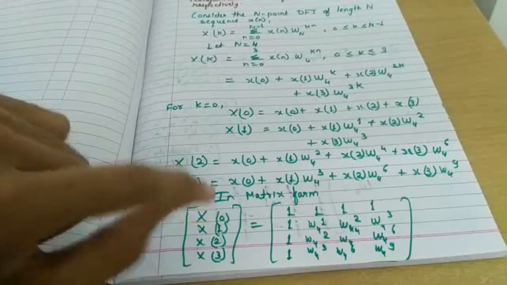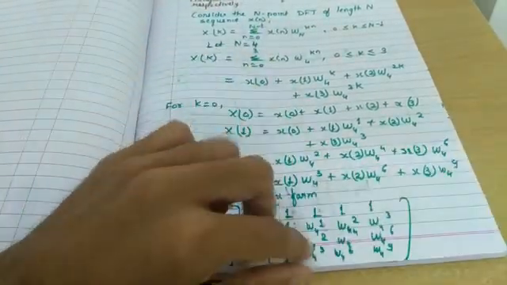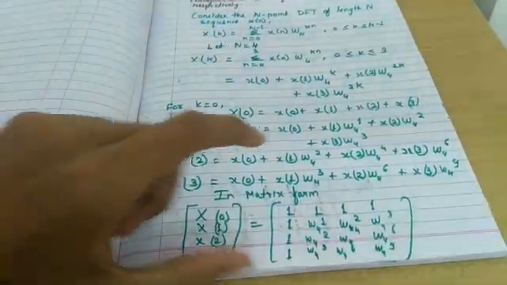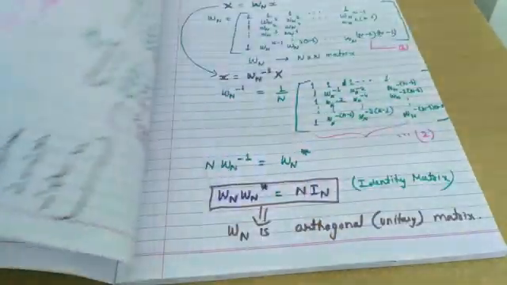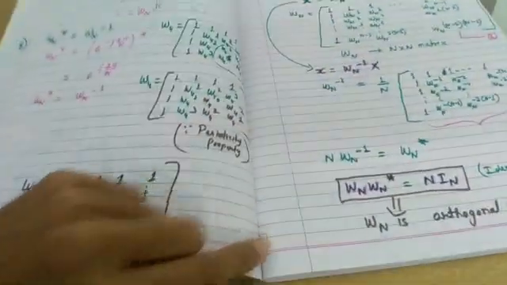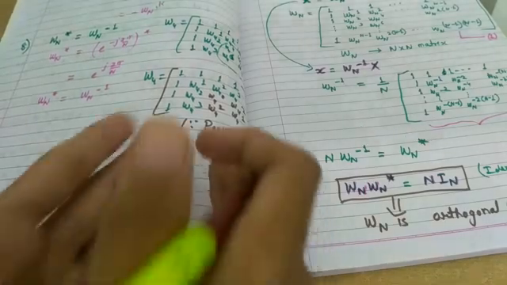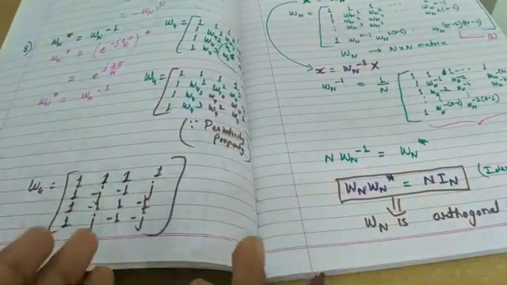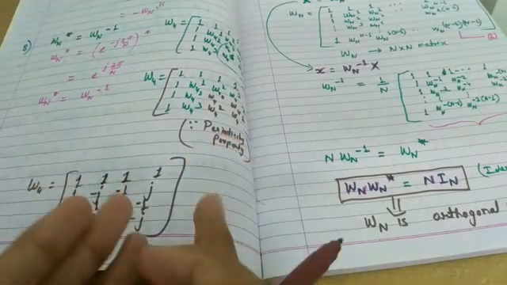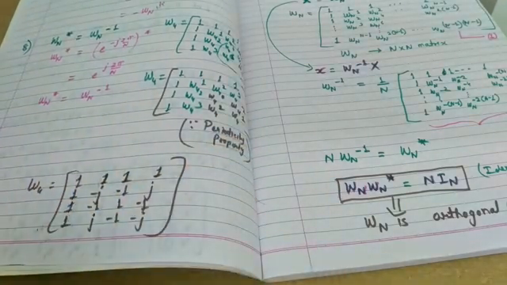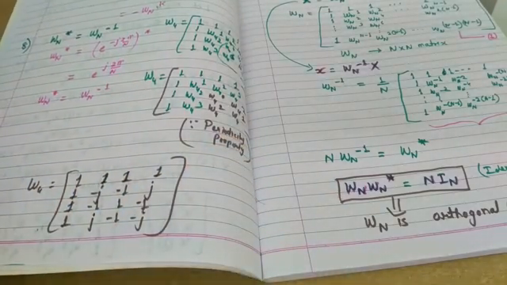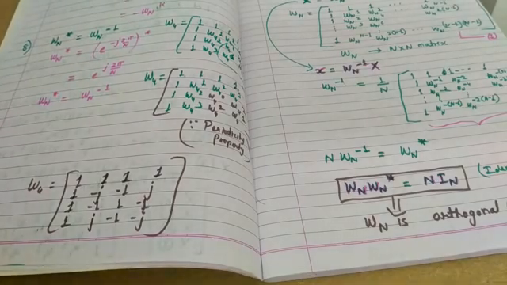So the summation is covered. What is not covered is the x of n. So to find the DFT, we simply multiply this by x of n, that is the sequence, in the discrete domain, and we will get our answer. If you are not getting it, then let us move towards one example.